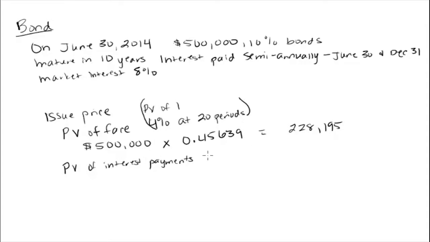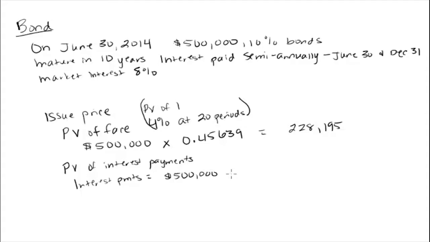But again, there's something else involved. We also pay interest. So the first thing I need to know is how much my interest payments are. How do we calculate interest? Remember our good old principal times rate times time. What's the principal on this? What's the face of the bonds? They're $500,000.